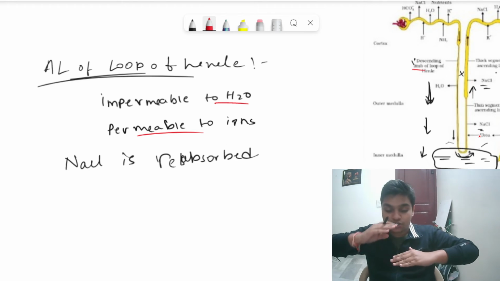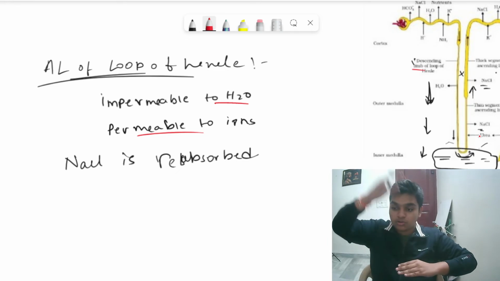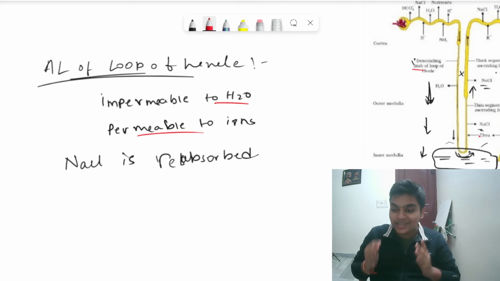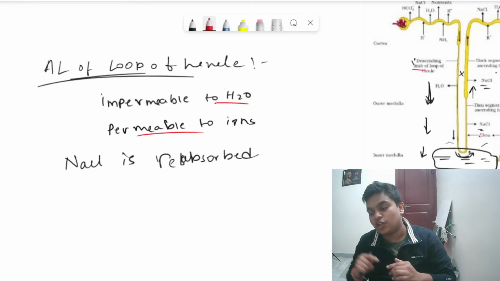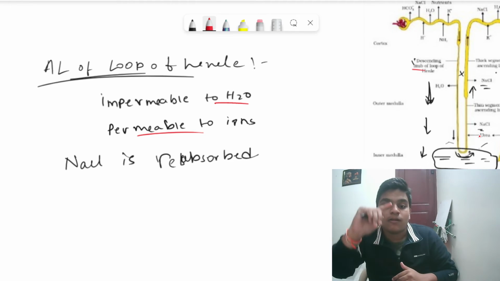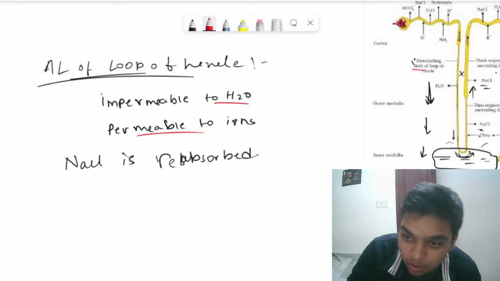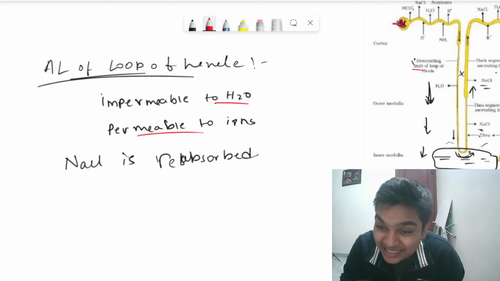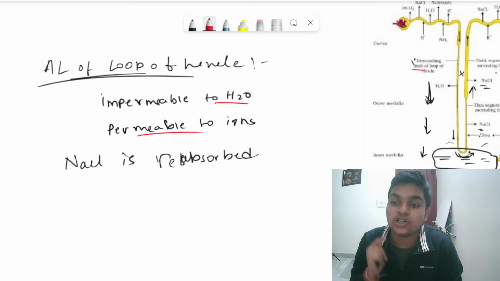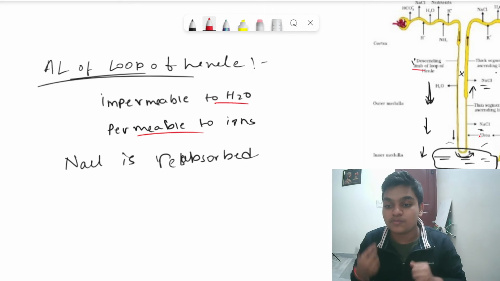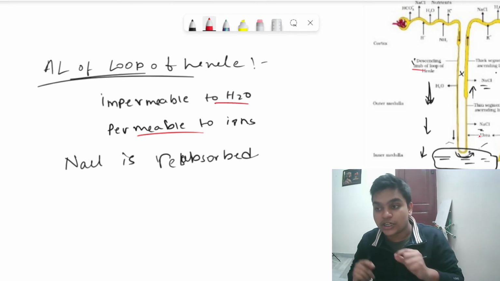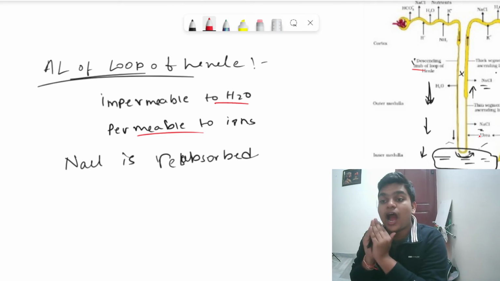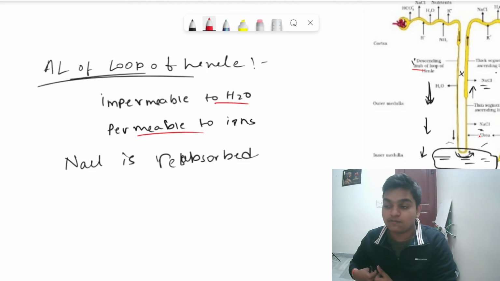So while moving from bottom to top, or while going through the passage of the urine in the ascending limb, the concentration of the urine decreases and dilution increases due to the reabsorption of ions. So here the medium is hypotonic to the medullary fluid.